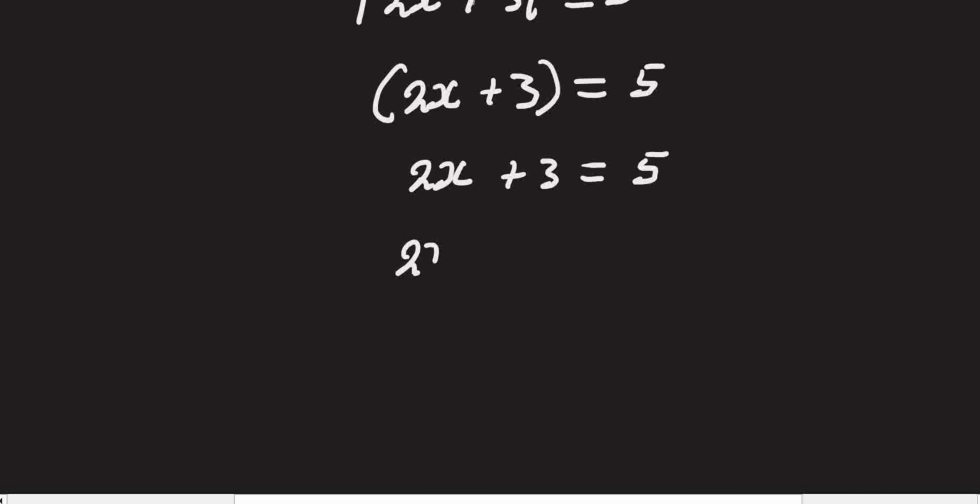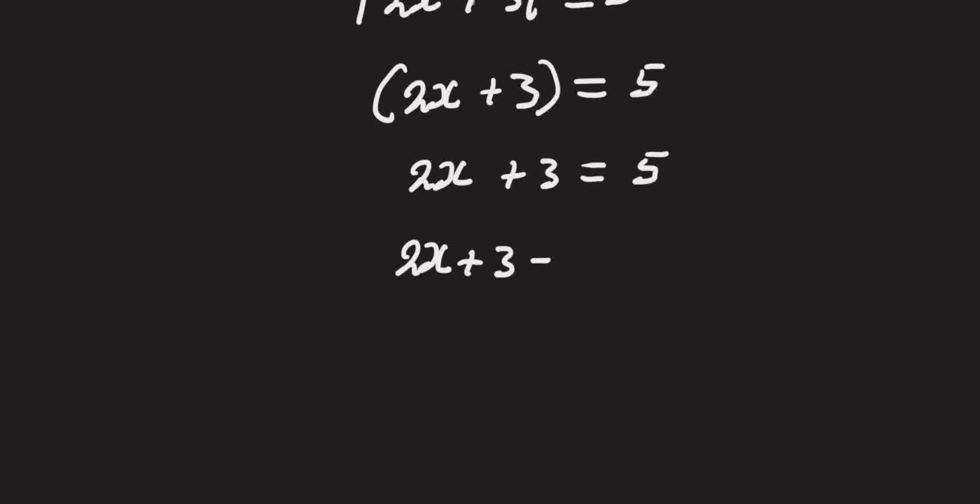So 2x plus 3 minus 3 is equal to 5 minus 3. So 3 minus 3 is 0, so we can strike this from here. So 2x is equal to 5 minus 3, and that will give us 2.